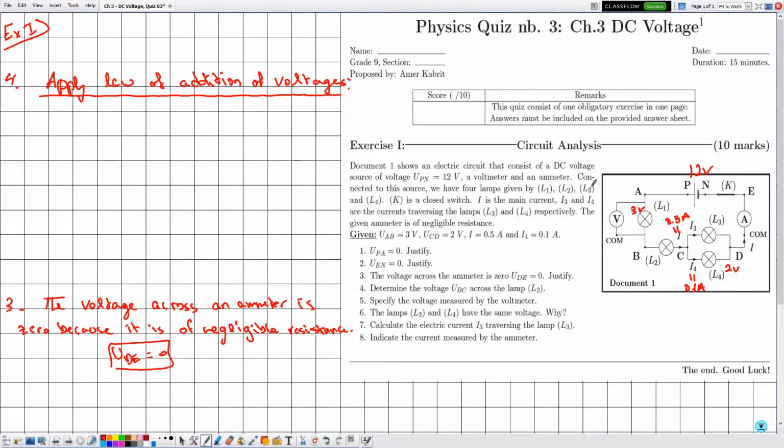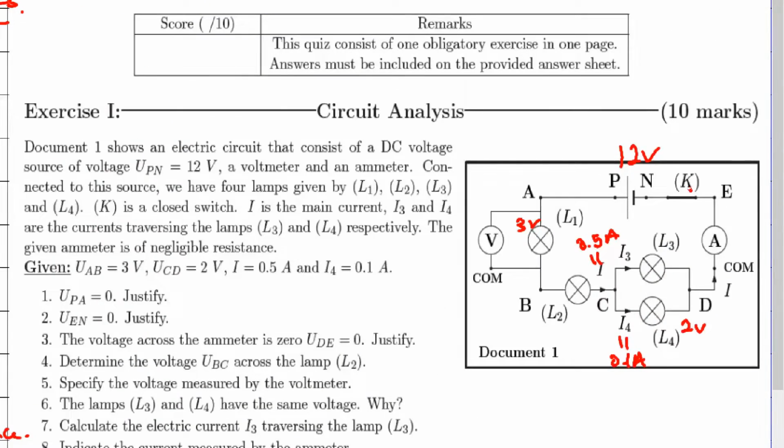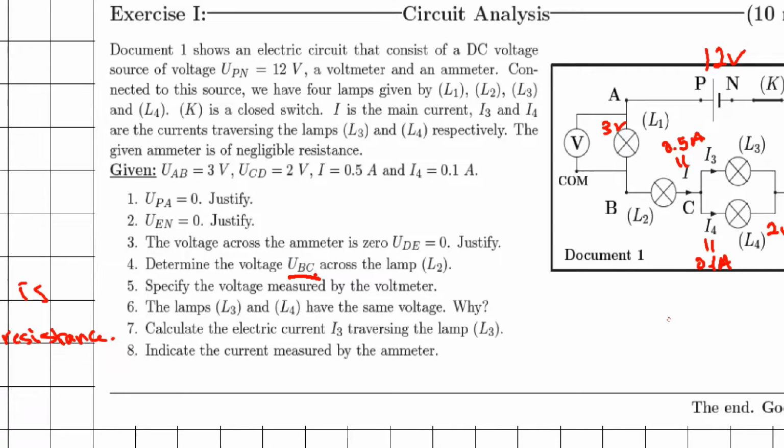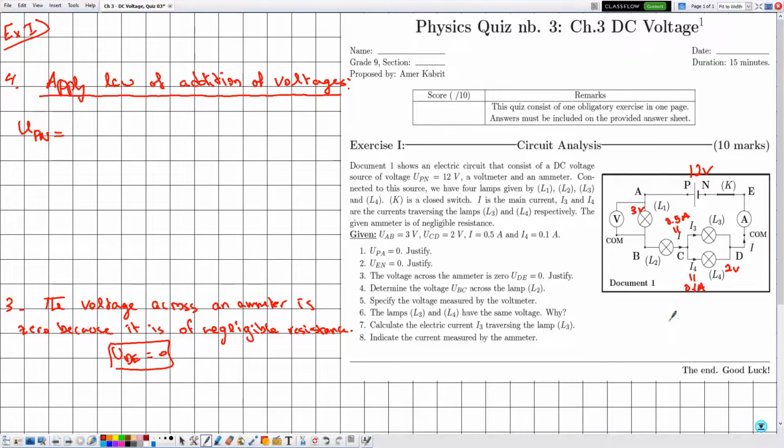How do we apply this law? Always on the left we write the voltage of the battery, which is given by UPN. On the other side of this equation, we go from the point P to the point N across different electric components, making sure that UBC appears in the equation because we are requested to determine UBC.